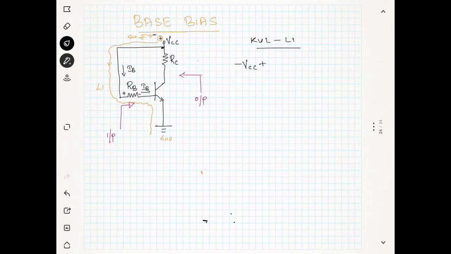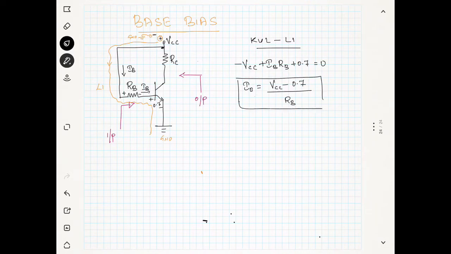So plus IB RB, then base-emitter junction is usually 0.7 volt, so plus 0.7 is equal to 0. From the above equation, we get IB equal to (VCC minus 0.7) divided by RB. This is the way to find the IB.